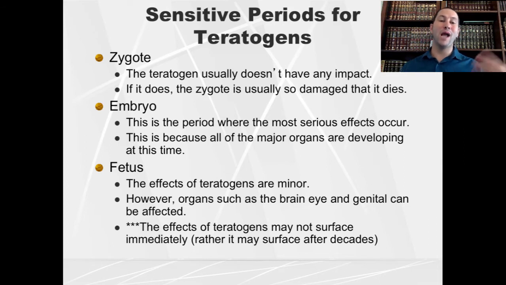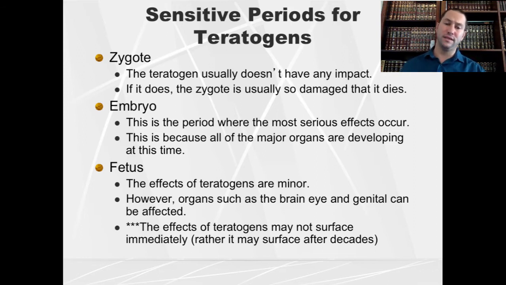Now, the embryonic stage, or the embryo, weeks 2 to 8 are prime time. These are the worst time to expose your child to a teratogen. Why? Because everything is developing between weeks 2 and 8, and it's your primary development. And I'll show you what I mean in a minute.